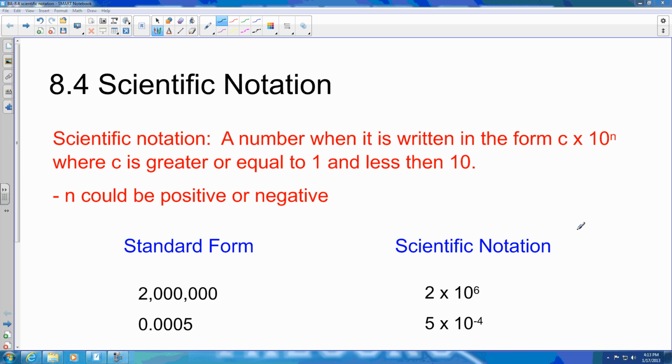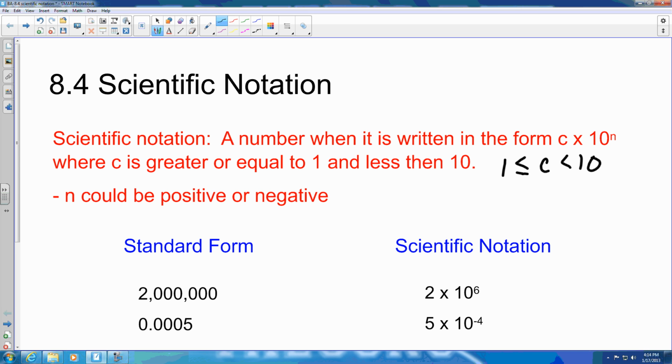If I was to write this as an and statement for inequality, it would look something like this: 1 is less than or equal to c, but c will not be larger than 10. So basically, you have to find a number that's between 1 and 9, whether that's a whole number or a decimal. That is how we find scientific notation.